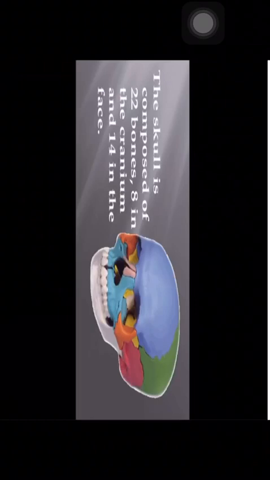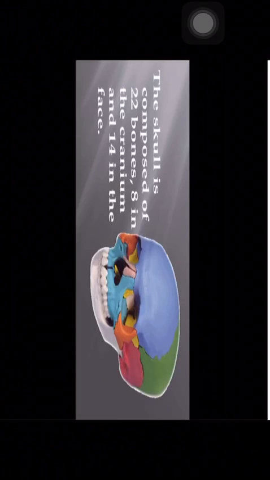Now all these bones of the skull are very hard and thick, and none of the bones can move except the lower jaw. You can see it in the white colored structure below the teeth, the lower part of our face, the part of the chin.